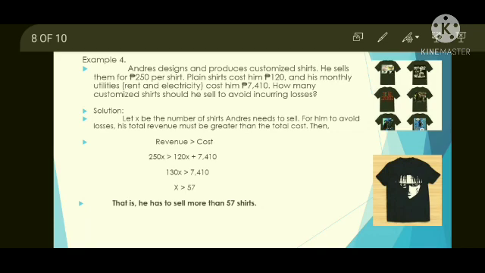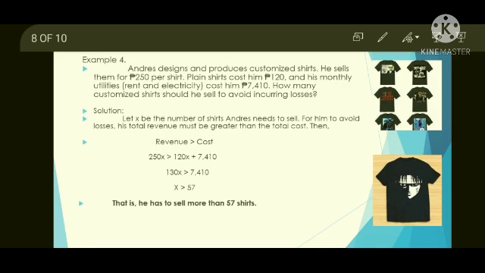That is the idea or the principle of getting a profit: the revenue must always be greater than the cost. So we will first identify our revenue times the number of shirts Andres needs to sell, which is our x.